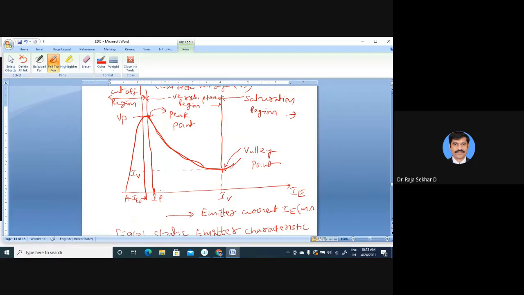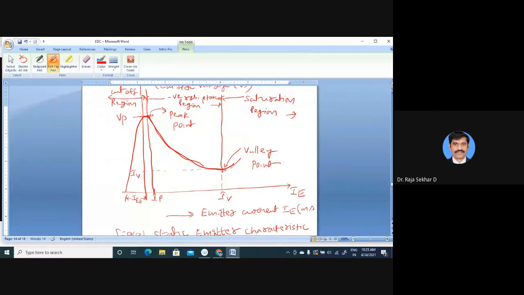When RB1 reduces, the voltage VE reduces. Why VE reduces? VE is equal to the junction voltage plus the voltage drop across RB1. So when RB1 reduces, automatically VE also reduces. That's why here VE is decreasing. This is called negative resistance region.